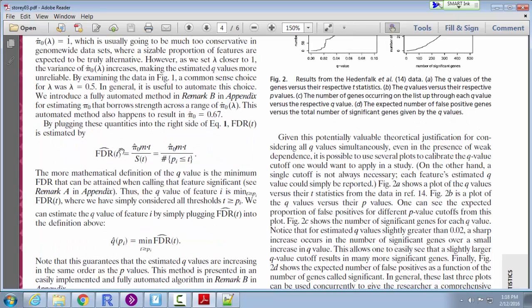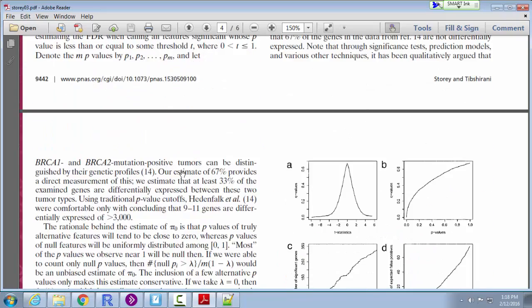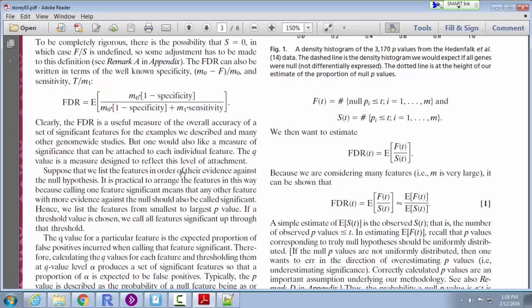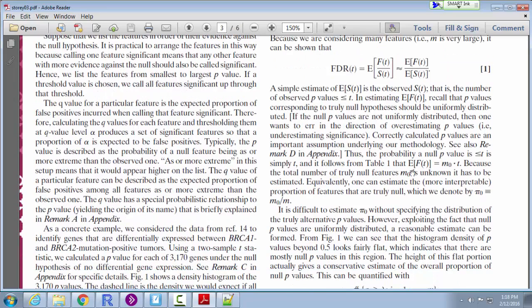Here's our estimate of the false discovery rate. You tell me the threshold that you're going to consider for the p-values. Then the estimate of the false discovery rate is my estimate of the number of false positives divided by the number of total positives. And now my estimate of the number of false positives, that capital F of t, we said the expected value of F of t is m0 times t. m0 is the number of null features. t is the probability that any one of them has a p-value less than t.